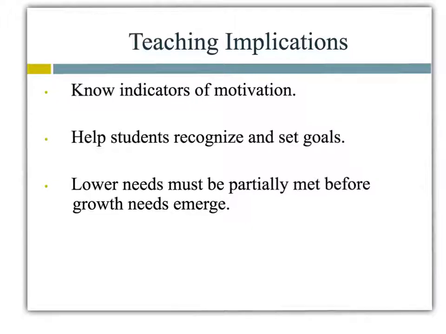Help students to recognize and set goals. Do this explicitly. And last, remember that these lower needs, physiological, safety, esteem needs, are deficiency needs. They must be partially met before growth needs can emerge. And an important growth need is cognitive need, which includes learning and motivation.